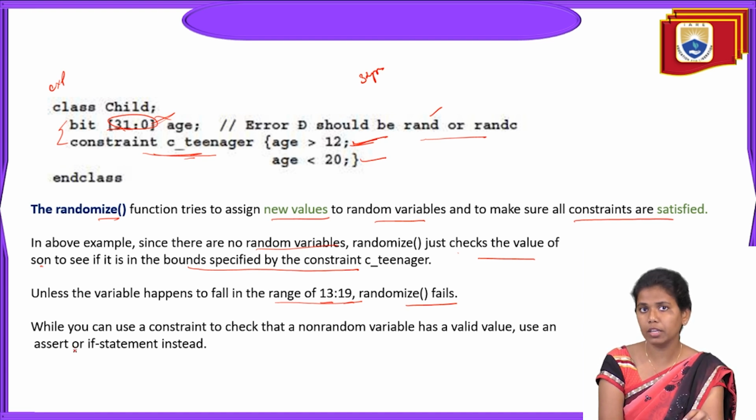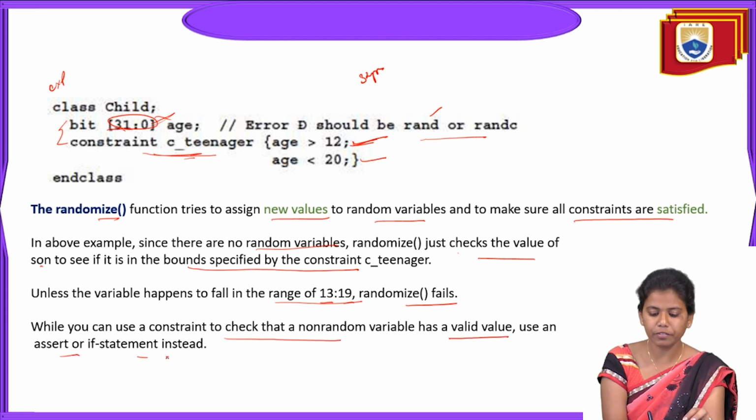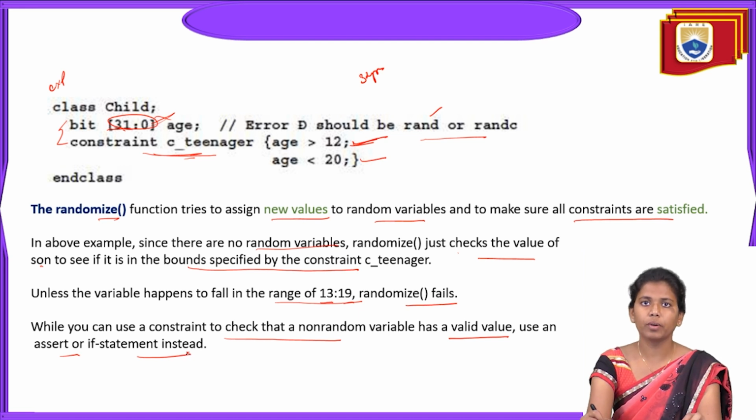While you can use a constraint to check that a random variable has a valid value, use an assert or if statement instead. Here we are seeing only [31:0], greater than 12 and less than 20.